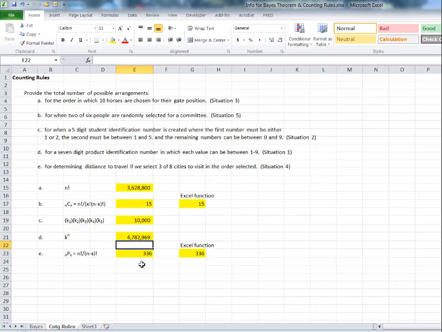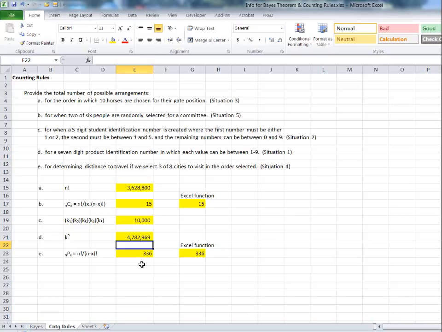Okay. So then you have a situation 4 in the notes. We're looking at 5 total situations, and this is the one we called situation 4. How many possible arrangements are there when order matters?